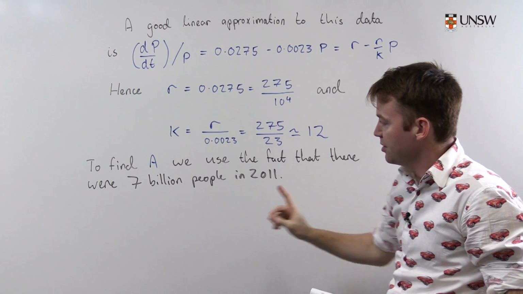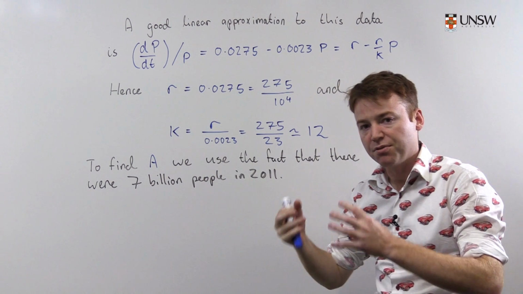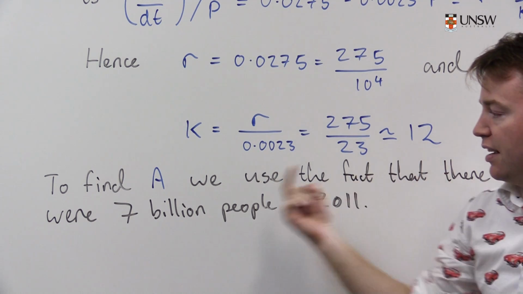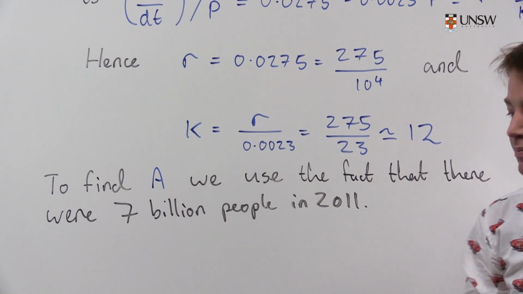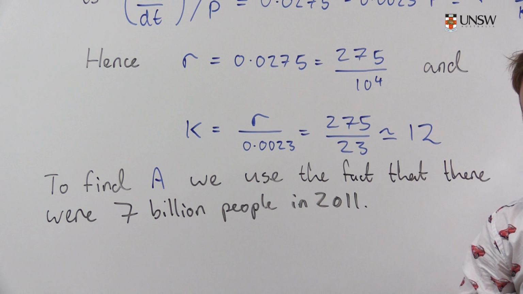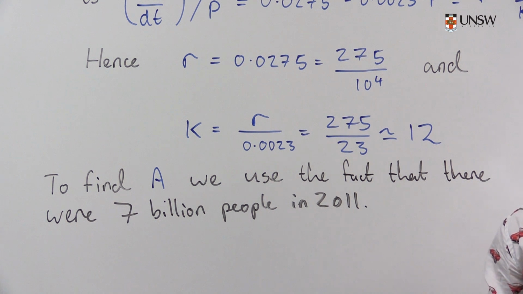All we need to do now is find A, and A will center it to a particular population. So to find A, we only need a date and a population at that date. And let's use the fact that there were 7 billion people in 2011. We only use this because it's convenient to work with 7.